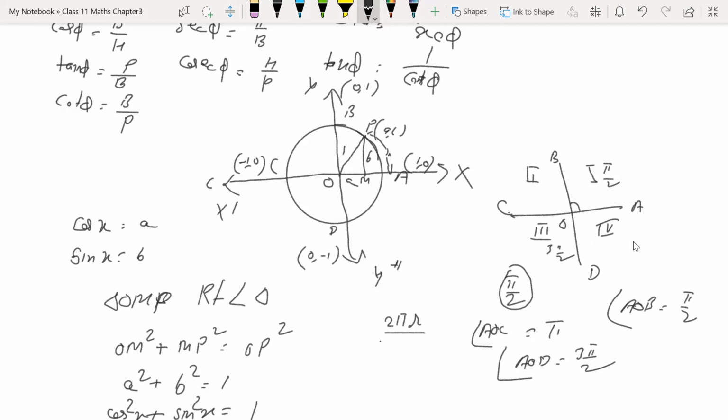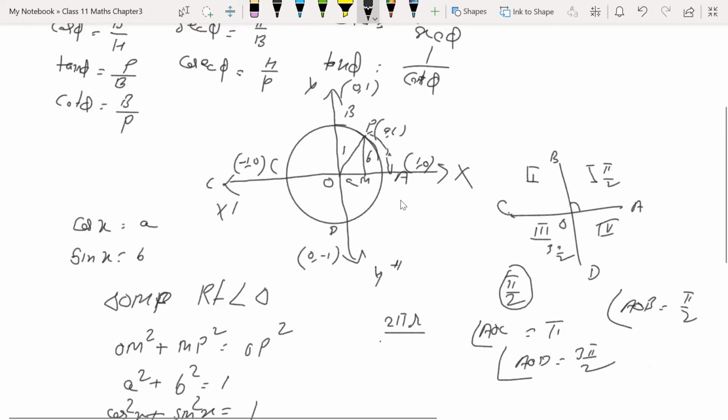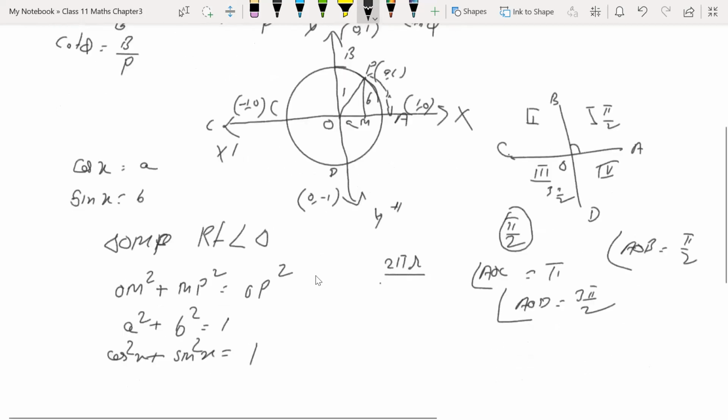So these are called quadrantal angles. All angles which are multiples of pi by 2 are called quadrantal angles, because there are four quadrants. The coordinates of the axis points are 1, 0, 0, 1, -1, 0, 0, -1 respectively.